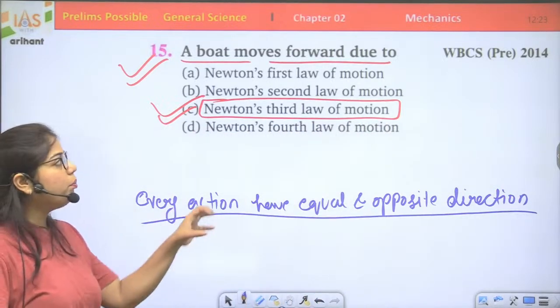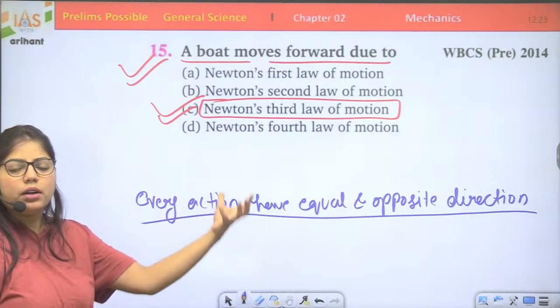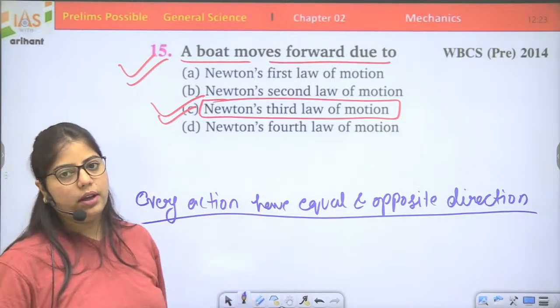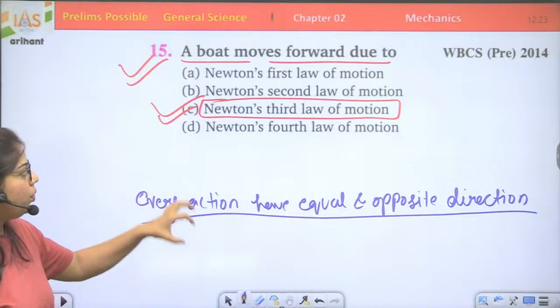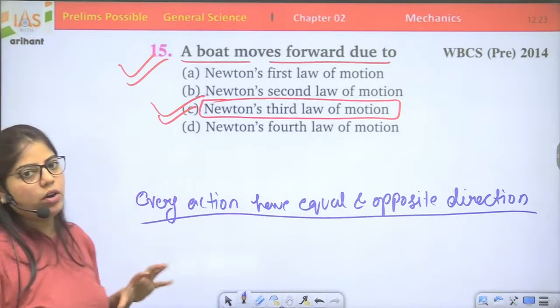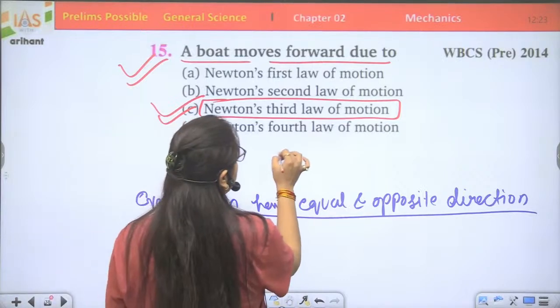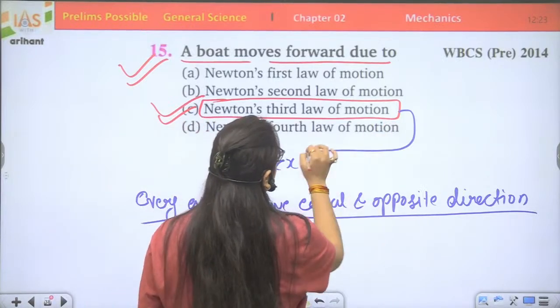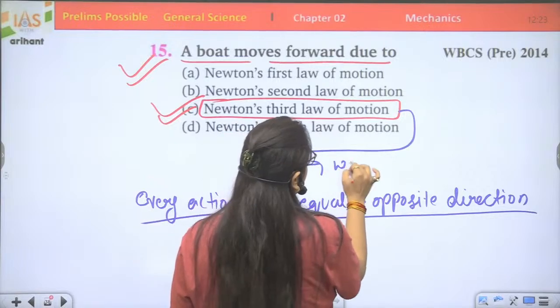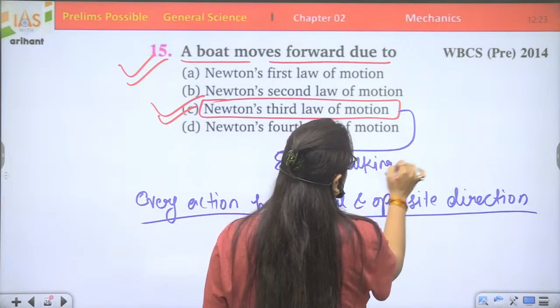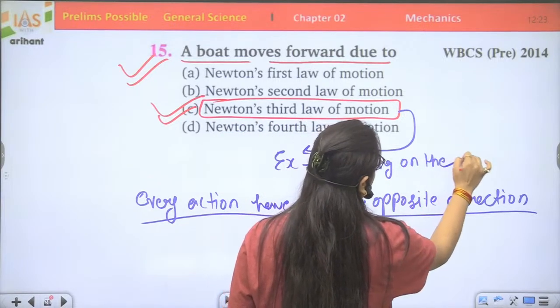If a boat moves forward in the water, this is an example of Newton's third law of motion, just like walking on the road. Another example of Newton's third law of motion is walking on the road.